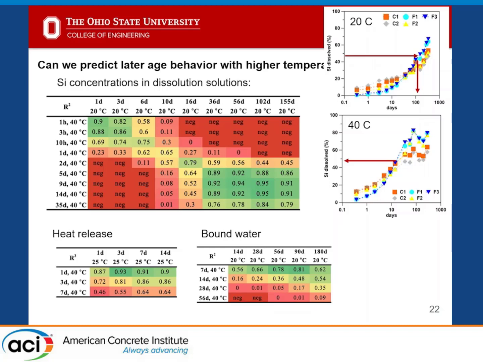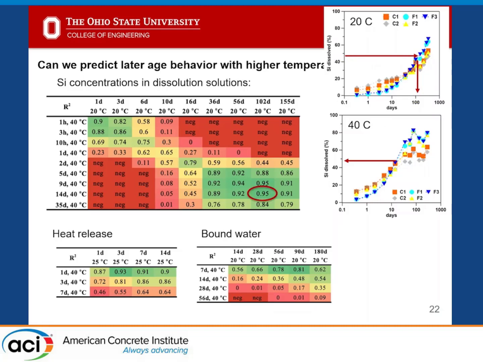And what we see is that there is a pretty strong connection at both very early ages and later age. So if we look at our 40C sample, we see about 50% dissolution in 40C at about 14 days. If we find a similar amount of reaction in the 20C system, that occurs around 100 days.